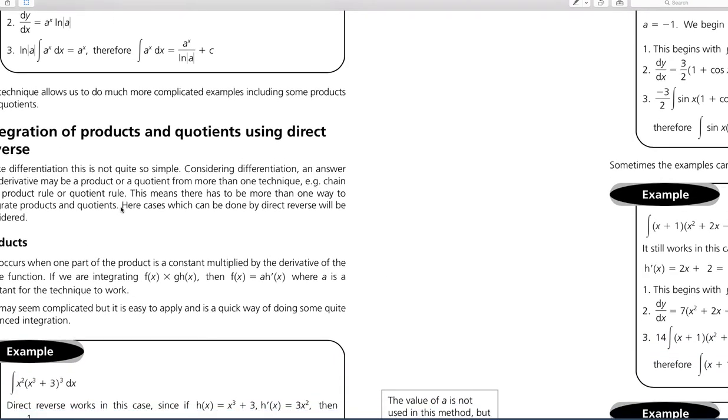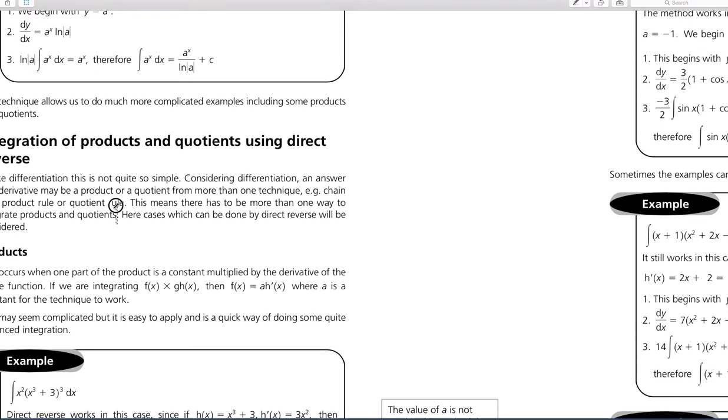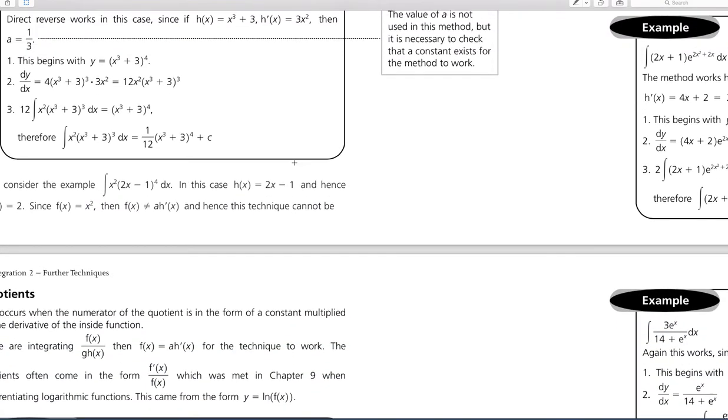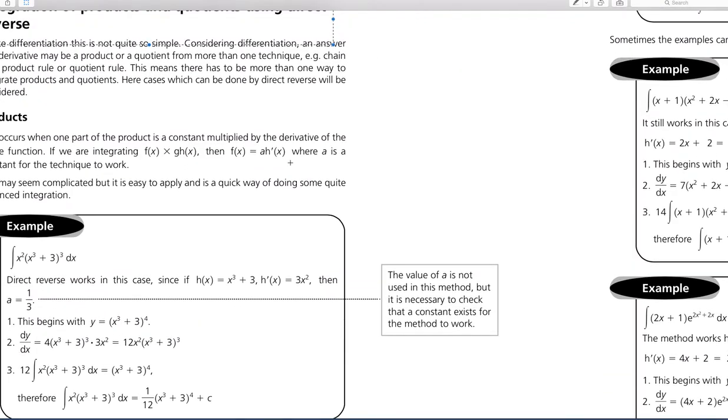Now, we're going to talk about what's called integration by substitution. Okay? All right. Integration by substitution.